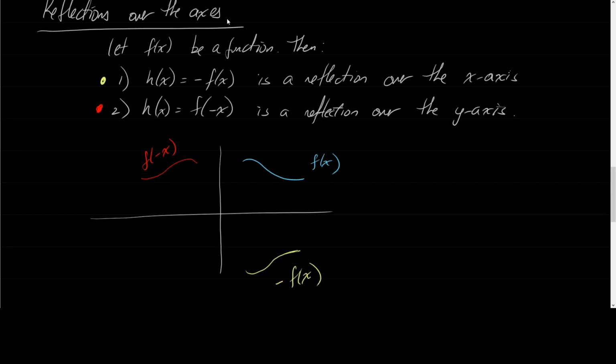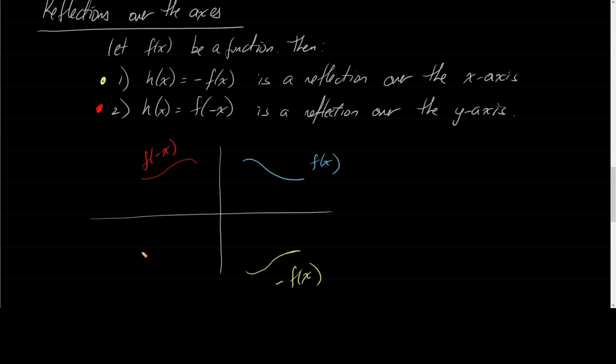Now, it is possible to combine the two, and I'll do that here in orange. This is going to be a reflection over both axes. Let's try a better orange. Yeah, that's more orange.